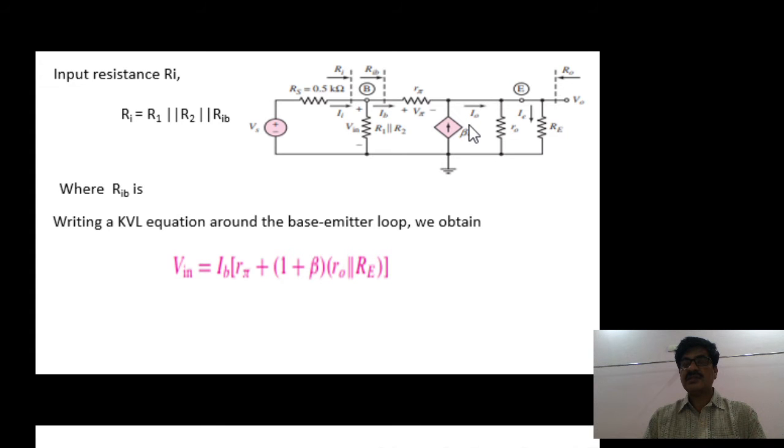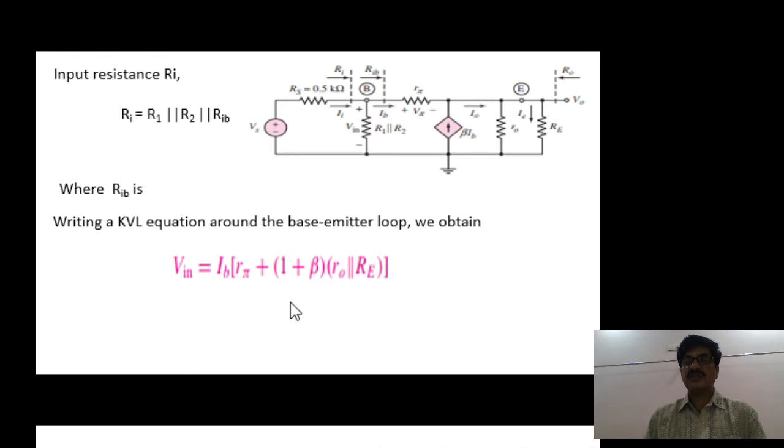That is, I0 is 1 plus beta times IB. So here in this equation IB is taken as common, therefore Vin is IB times R pi plus 1 plus beta into R0 parallel RE.